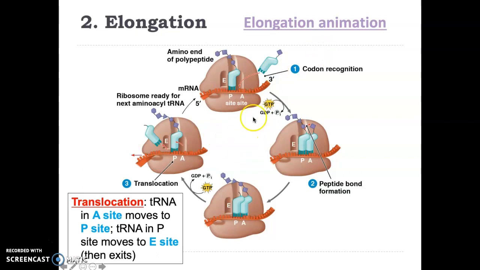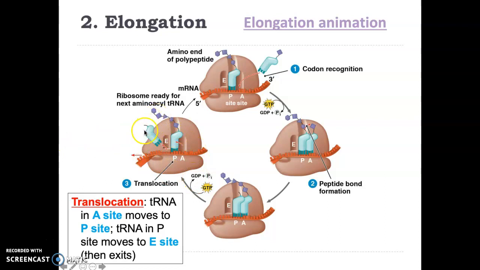And then elongation continues with translocation. Translocation just means that the ribosome is going to move down to the next codon, and that means that whatever is in the P site will now move to the E site. Here we are. This tRNA will move into the E site, and it will exit.